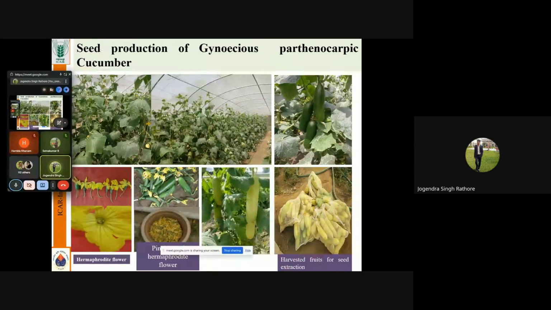How can we produce seed in this case? We can go for induction of male flowers by using growth regulators. There are 3 growth regulators we use: GA3, AgNO3, and STS, that is silver thiosulfate.